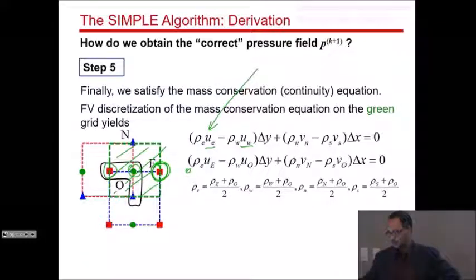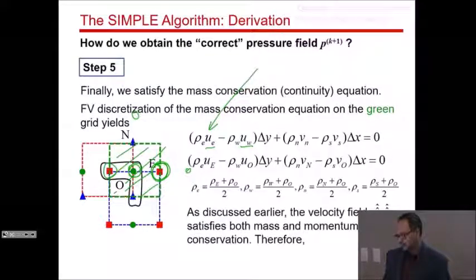If I want to calculate the density here, I'm going to take the average of that, and so on. This is pretty intuitive. Remember, for the momentum equation, we got into this scenario where 2 of them didn't require interpolation and 2 of them required 4-point interpolations. Here we don't have that issue, for the continuity equation. Everybody with me so far?